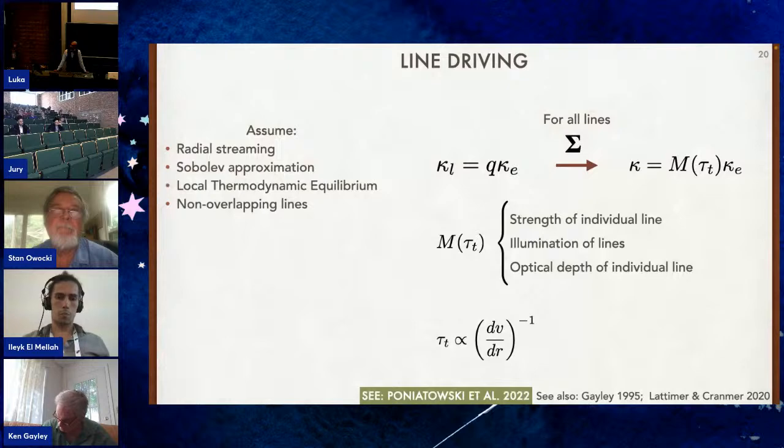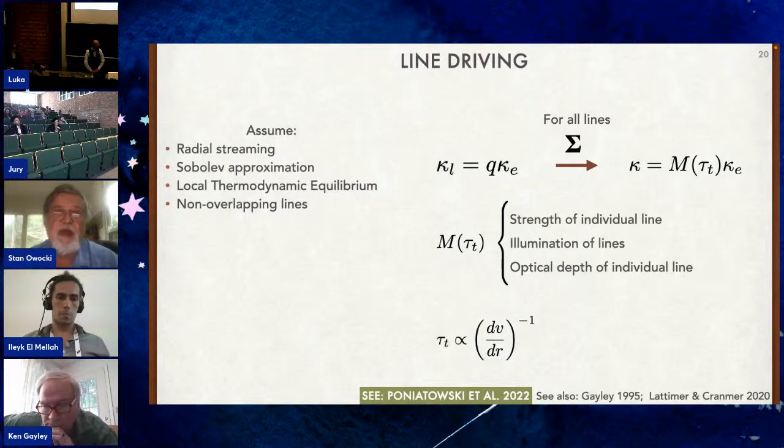In this case, we assume that photons will interact only with 1 line. It may interact multiple times with that line, but only once. So over this 1,000 kilometers per second velocity spread, there should not be 2 lines for a photon to interact with. Now you seem to be saying that the separation has to be greater than the wind speed, not the thermal speed. Yes, there are two types of overlap, sorry, I should have been explicit about that.